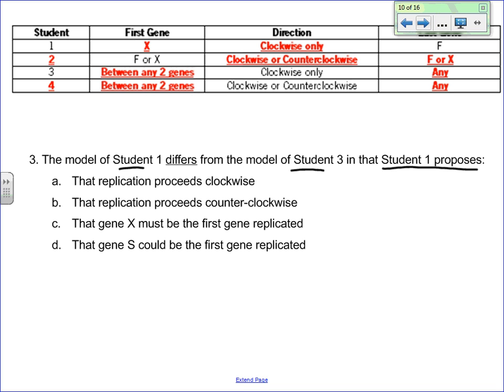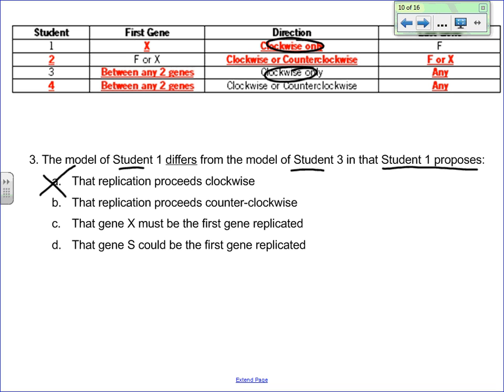All right, so you're not just looking for something that student 3 doesn't say, but something student 1 does say that student 3 doesn't say. Again, it gets kind of confusing if you start talking about these model specifics. So, does student 1 say that it goes clockwise? Yes. But it's not the answer because who else says it goes clockwise? Not student 3. So in this case, that can't be the answer because that doesn't make them different.